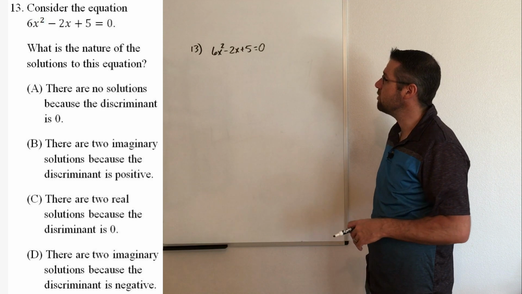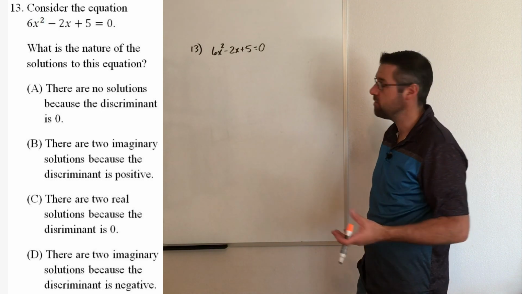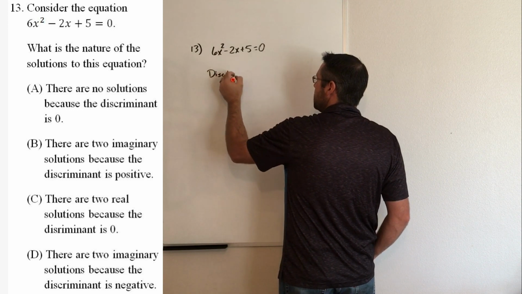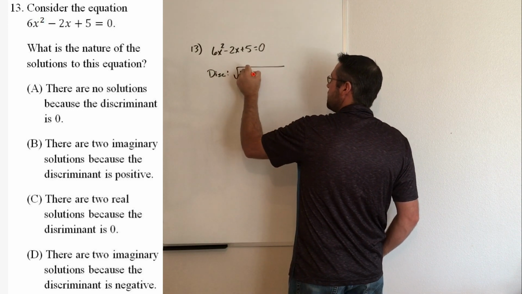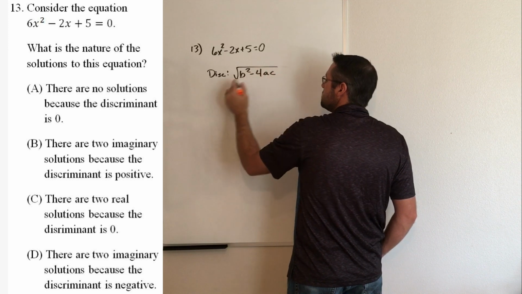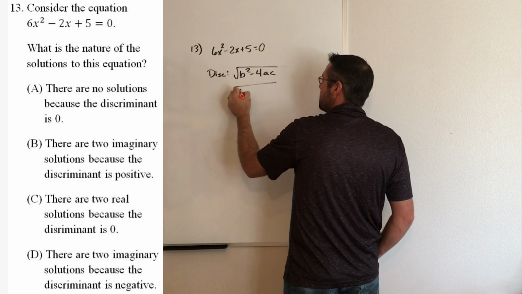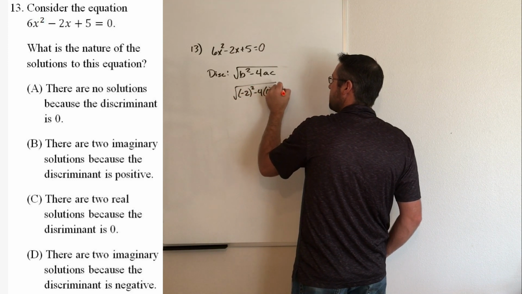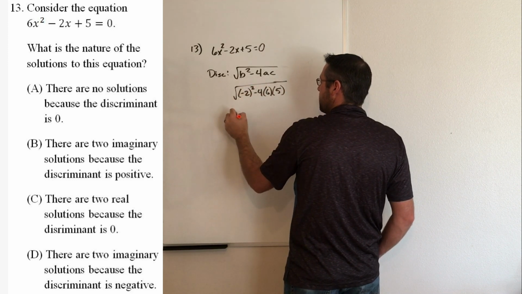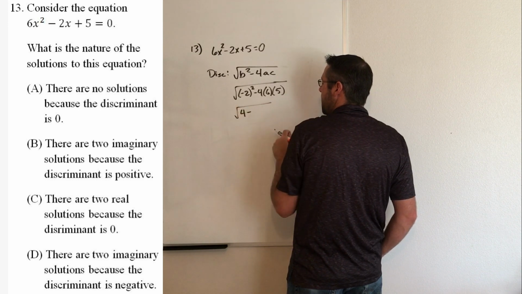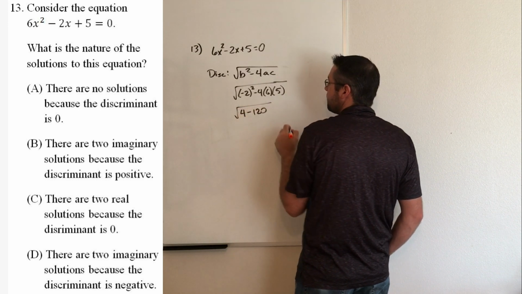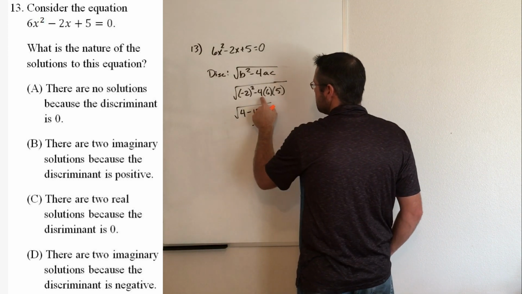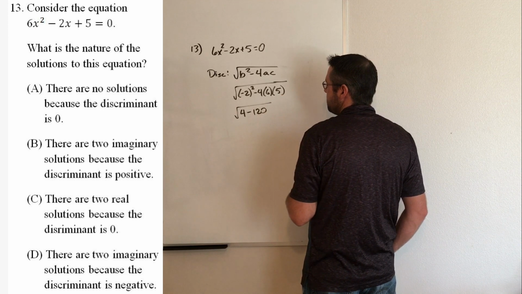We can figure that out by the discriminant, so we just need to find the discriminant. The discriminant is b squared minus 4ac. So we'd end up with negative 2 squared minus 4 times 6 times 5. Simplifying, we get 4 minus 120. 4 times 6 is 24, times 5 is 120.